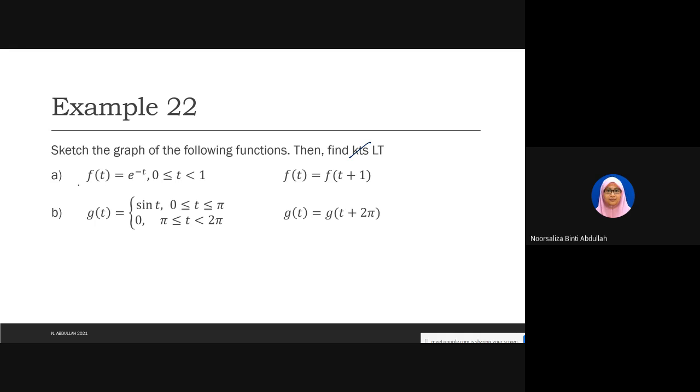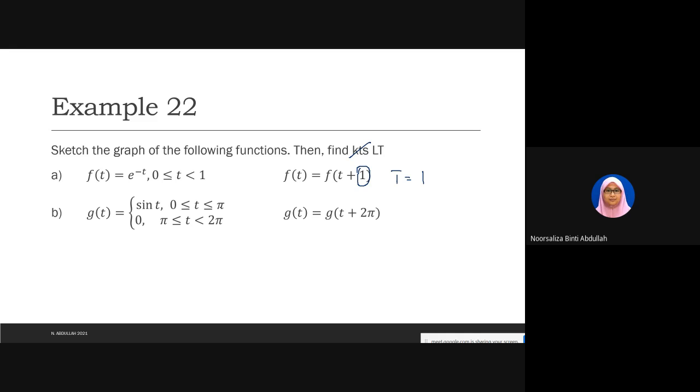So you have F(t) equals to exponent minus t for t between 0 and 1, and this is your T besar, which means your period T equals to 1.